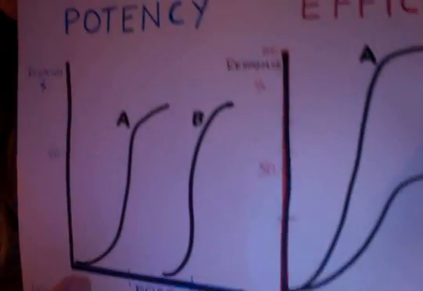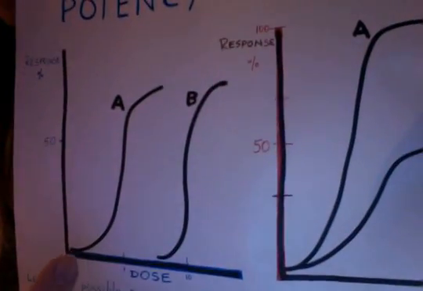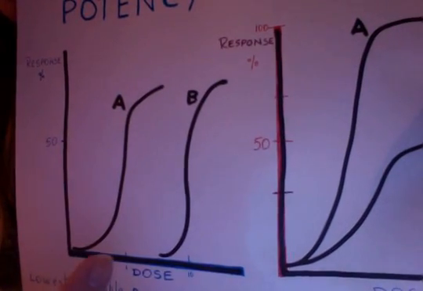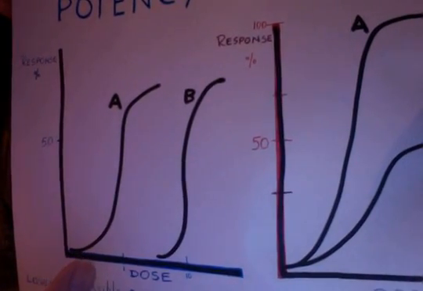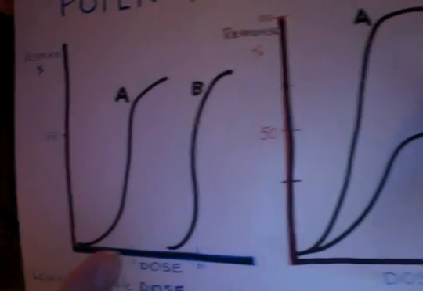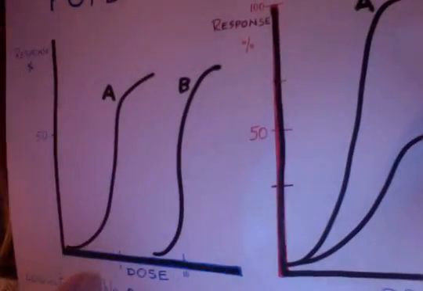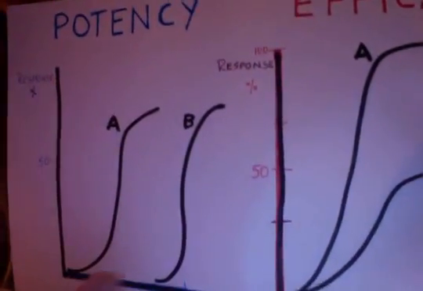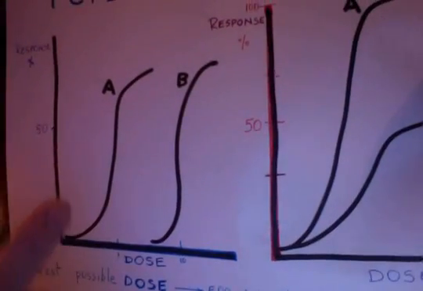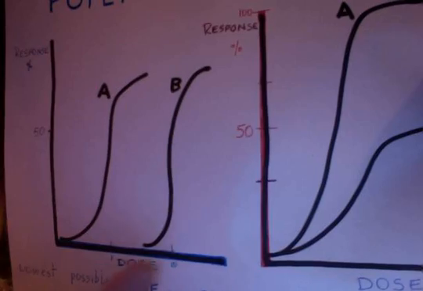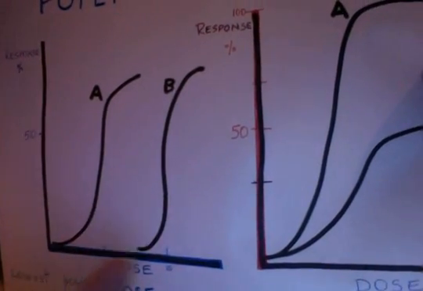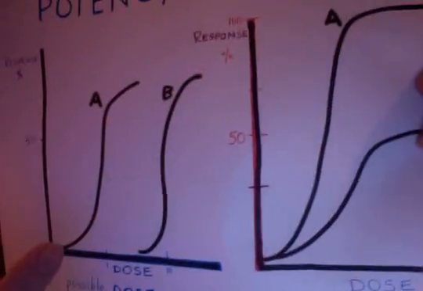But for potency, we really need to look at the x-axis. The lowest amount of dose would be drug B. So it would be more potent than drug A because it is closer to the y-axis. So we need to look at the lowest possible point on the x-axis.